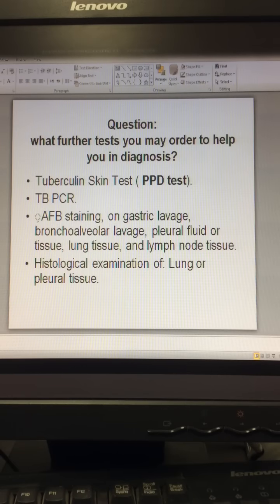How do we confirm the diagnosis of tuberculosis? Either by tuberculin skin test, tuberculosis PCR, or applying the Ziehl-Neelsen stain to tissue sections from the lung or pleura to demonstrate acid-fast bacilli within the caseating granulomatous reaction.